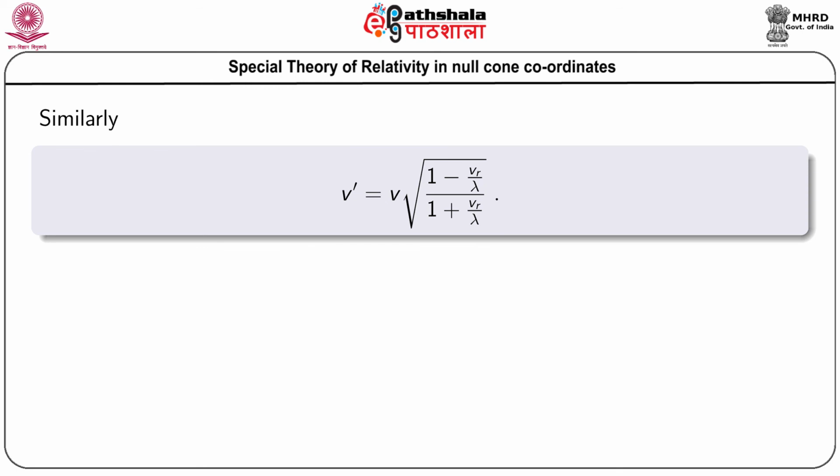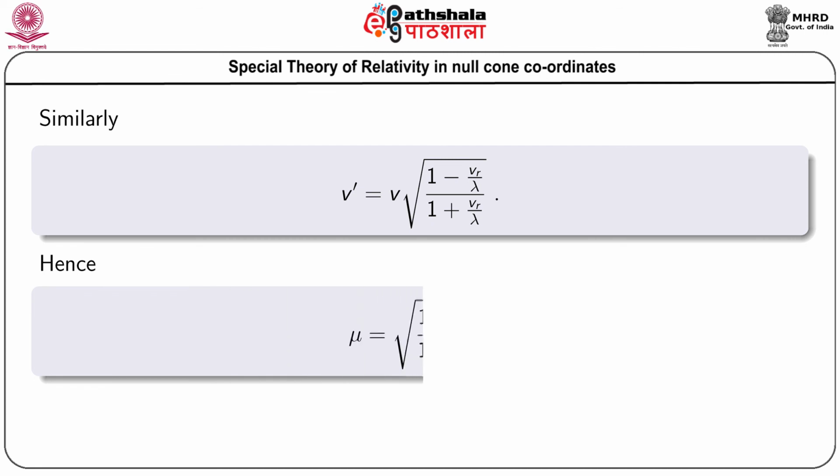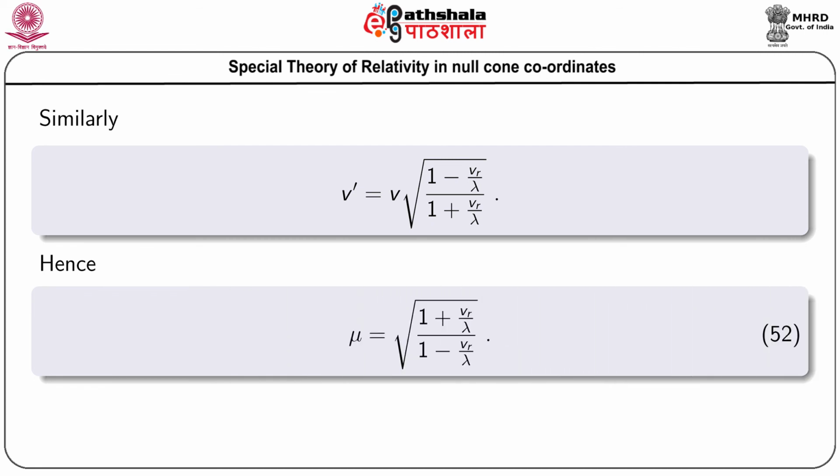And similarly, v' has the expression v' equals v times the root of (1 - V_r/λ)/(1 + V_r/λ), and μ has the value root of (1 + V_r/λ)/(1 - V_r/λ). So, the scaling factor μ has this expression.